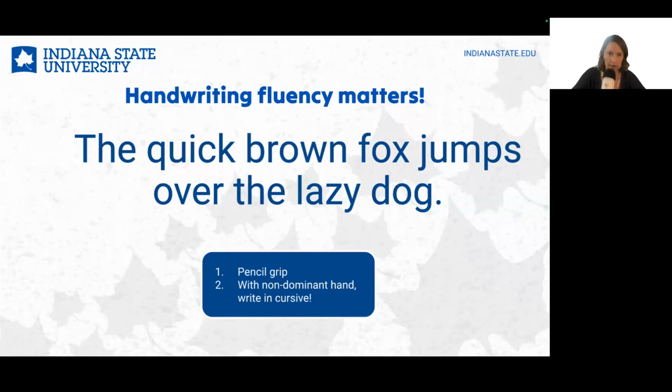So we're going to write this sentence. The quick brown fox jumps over the lazy dog. And we're writing this sentence because it contains every letter in the alphabet. So let's go ahead and write with the correct pencil grip. Go ahead and just take a second, and if you want to pause this, you can. Just work on that sentence.